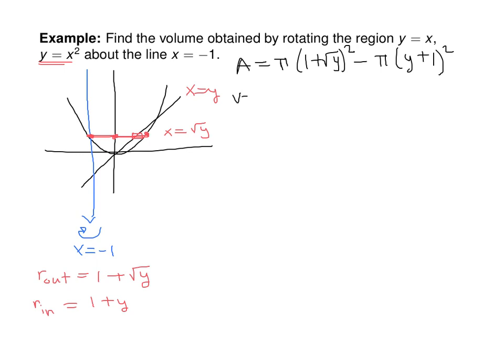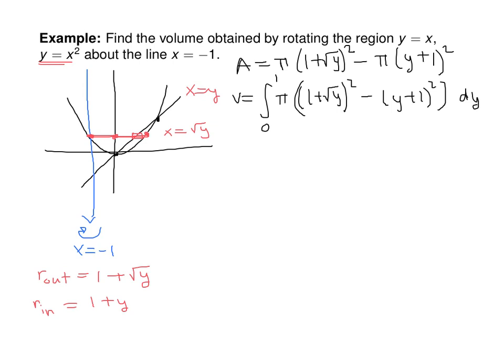And my volume will equal an integral from, now the y value is what you're looking at here. That lowest y is 0, the highest y is 1. They will not always be the same as the x value, so be careful about that. 0 to 1, pi times 1 plus root y squared minus y plus 1 squared dy.